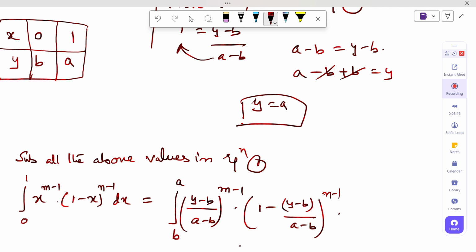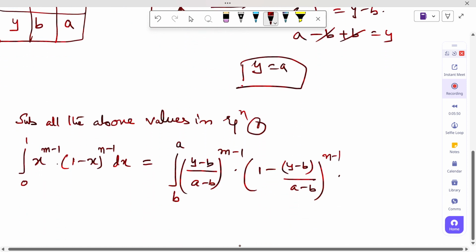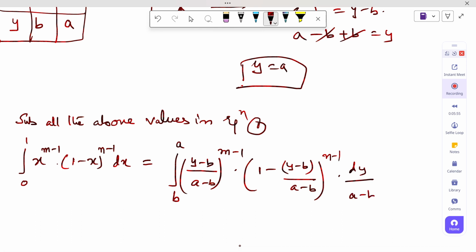What we got: dx is equal to dy divided by (a minus b).